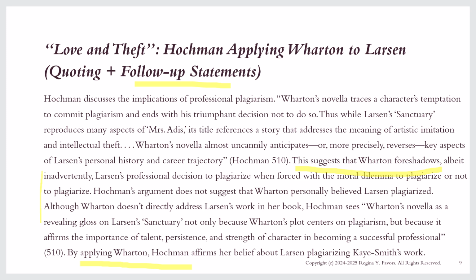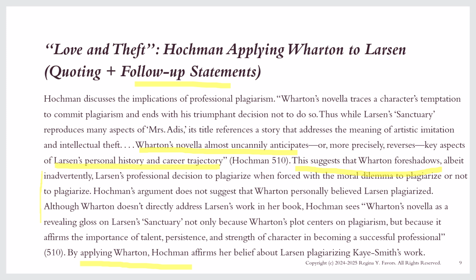And then when she's trying to apply Wharton to Larsen, here where she writes, Wharton's novella almost uncannily anticipates key aspects of Larsen's personal history and career trajectory. I think Wharton's work was published in 1903, if I have that right, and Larsen's work was published, I think, 1929 or 1930, something like that.